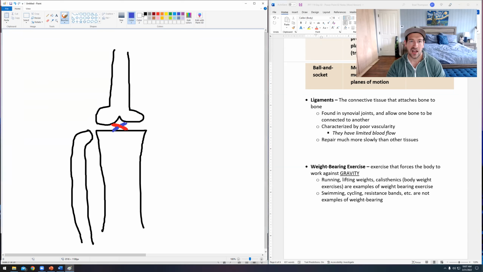Coming from behind, you've got your LCL, your lateral collateral ligament, over here on the lateral side, creating stability there. And you've got your MCL, your medial collateral ligament. Four ligaments in the knee right out the gate, plus all these other structures. You've got a meniscus on both sides, keeping the knee in the cavity.